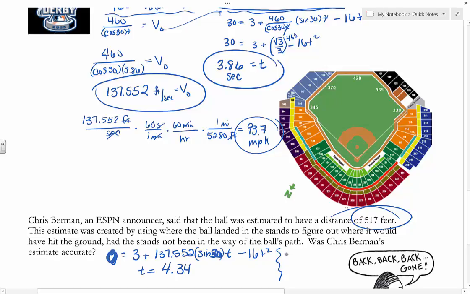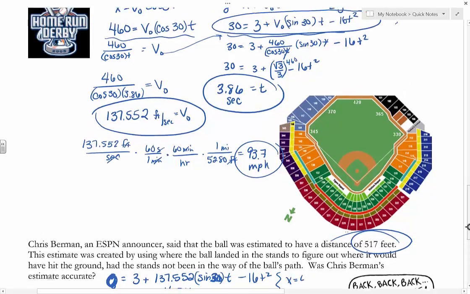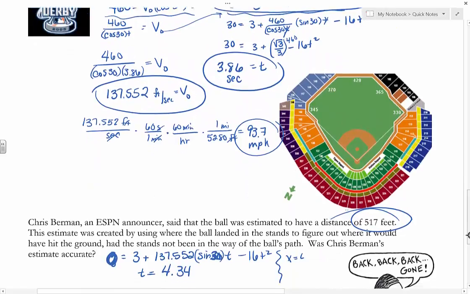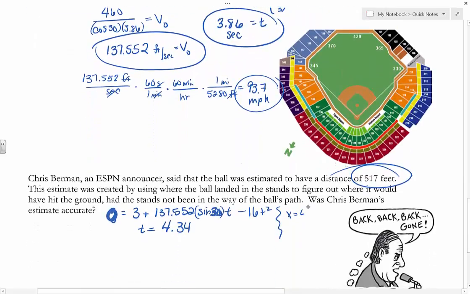Now let's go back to our x equation, which was x equals, what was it? v sub 0 cos 30t. So v sub 0, the 137.552, cos 30 times that t, the 4.34.